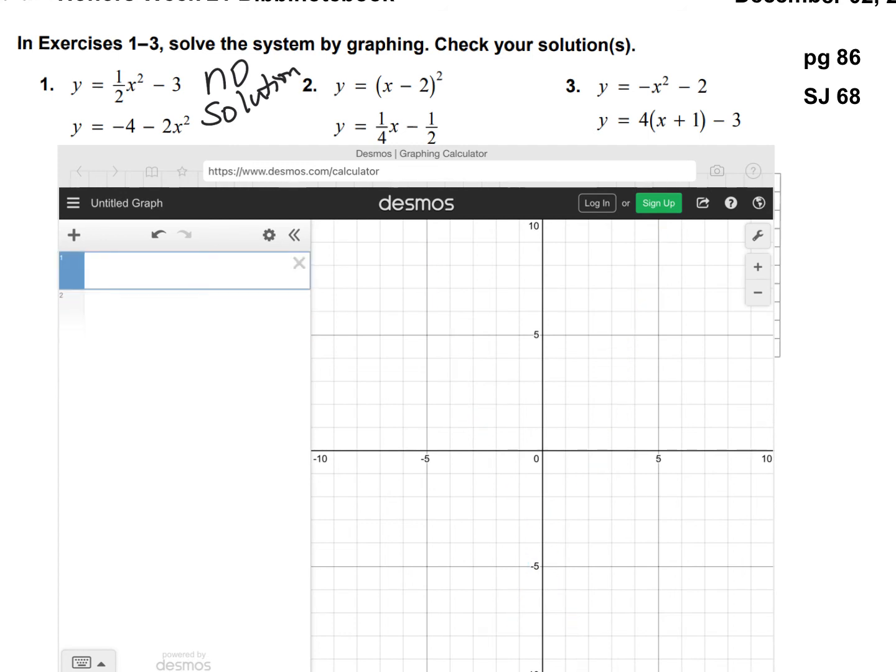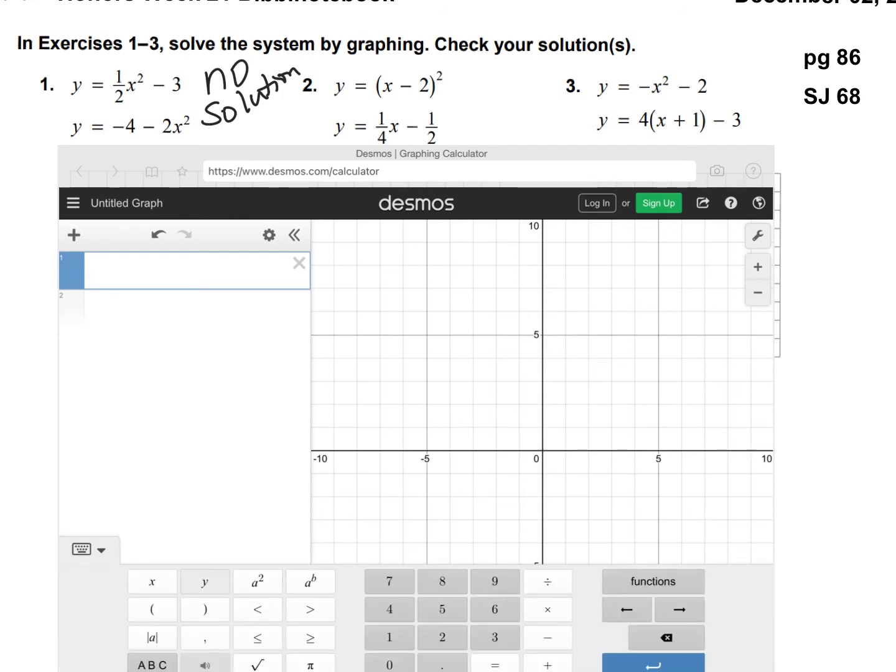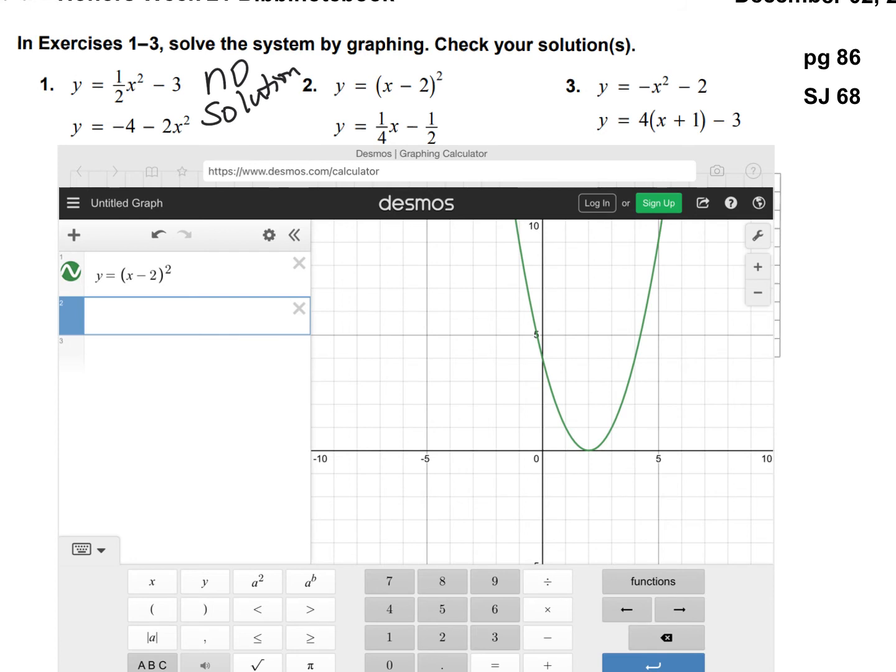Y equals, and I like to type y, you do not have to type y, but I like to. So y equals x minus 2 squared. So there's y equals x minus 2 squared. And then 1/4 x minus 1/2.